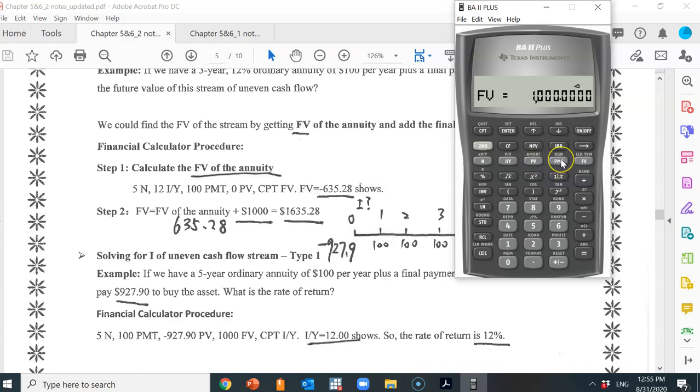You're going to get 100s as payment, an ordinary annuity at the end of each year for 5 years, and then after 5 years, you still receive an additional 1,000 as future value. We're asking what is the rate of return here? We just compute for the interest rate, I. It's 12 on the screen, so we add back the percentage sign and the rate of return should be 12%.